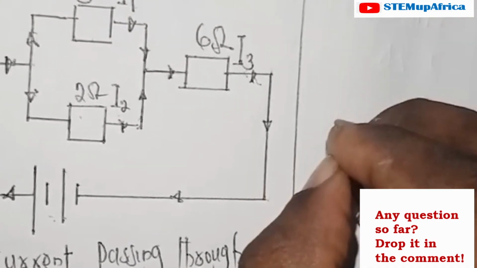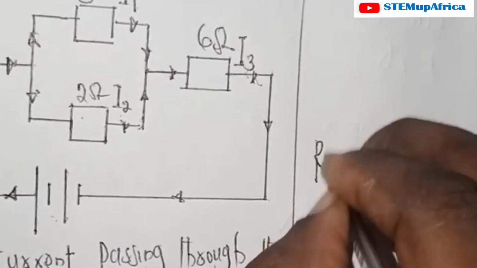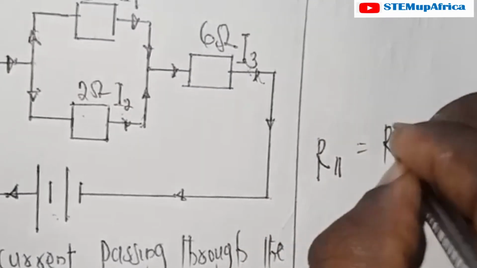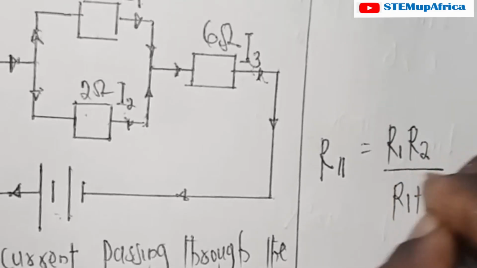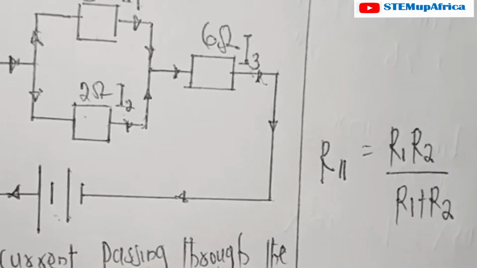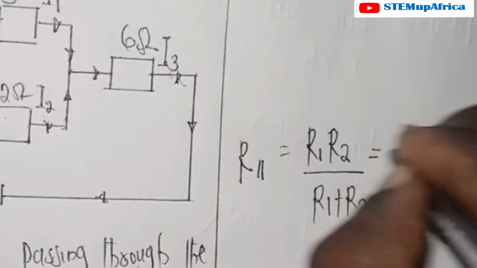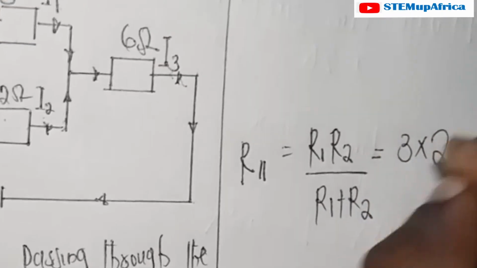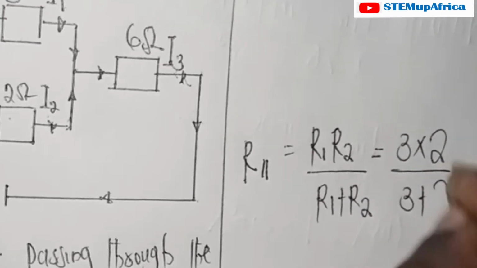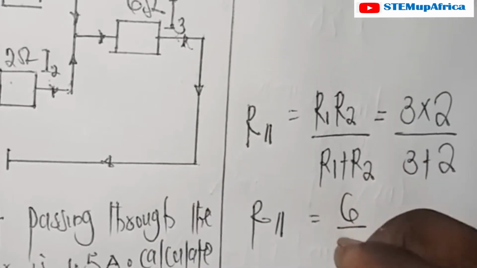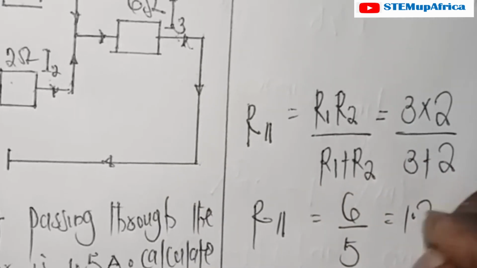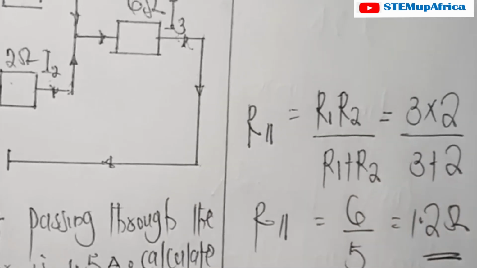I'm going to have R in parallel equals R1 times R2 over R1 plus R2 for two resistors. So I'm going to have 3 times 2 over 3 plus 2. So the resistance in parallel is simply 6 over 5, that will give us 1.2 ohms.